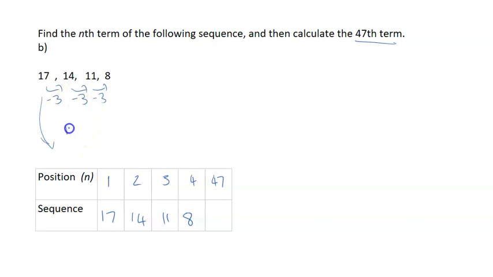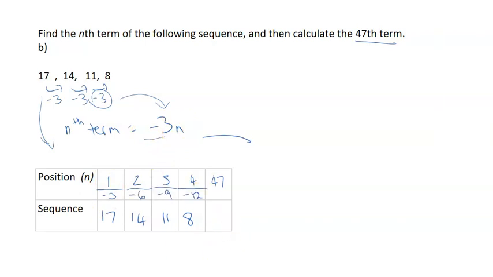So we know the nth term equals -3n, because whatever that is, we put it straight in front of the n. And then we've got to work out the rest. Let's start with that calculation first. I'm going to put it underneath here. -3 multiplied by 1 is -3, -3 multiplied by 2, and so on.